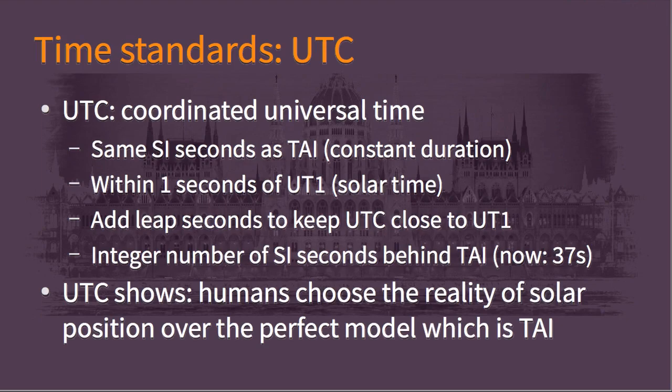What this does is it counts the same seconds as TAI, but it aims to keep its time close to UT1's observed times, and the way it does that is by adding in leap seconds from time to time to offset that deviation that was in the previous chart. It's always an integer number of SI seconds behind TAI, and right now that difference is 37 seconds.